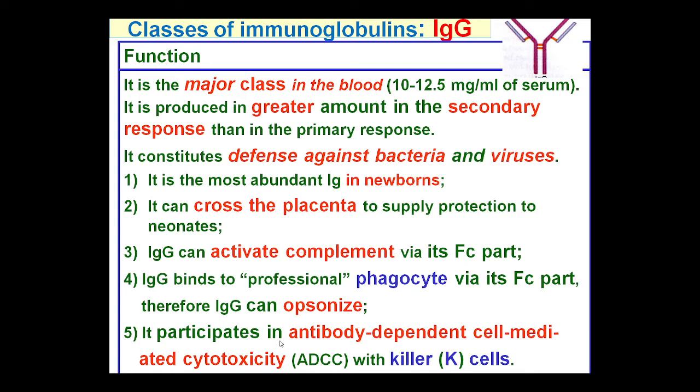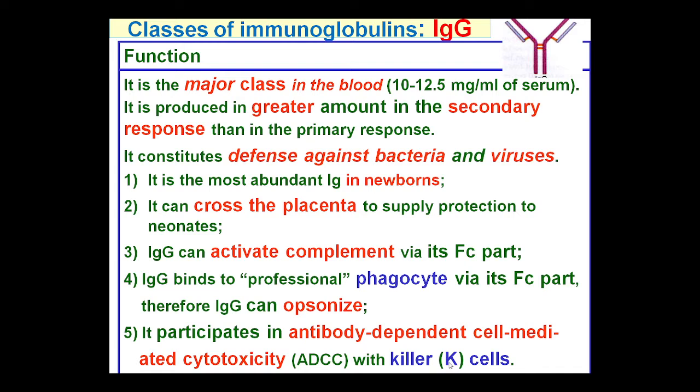So, what if in the human body appears an antibody, immunoglobulin, against a virus antigen, and if this virus antigen is exposed on the surface of a virus-infected cell, this exposition of virus antigen on the surface of the virus-infected cell makes the cell a target cell for natural killer.